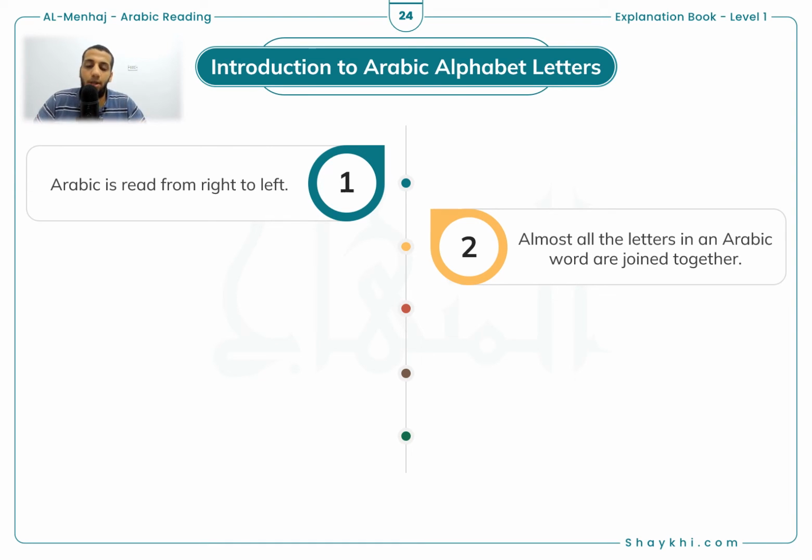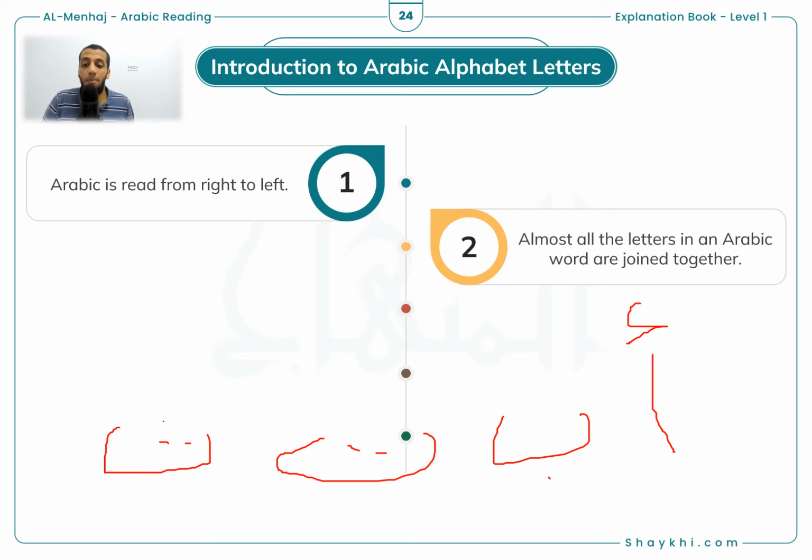What's the point here? We know the Arabic letters like Alif, Ba, Ta, and Tha, like this is Hamza, this is Ba, this is Ta. These letters in this form are called isolated forms.